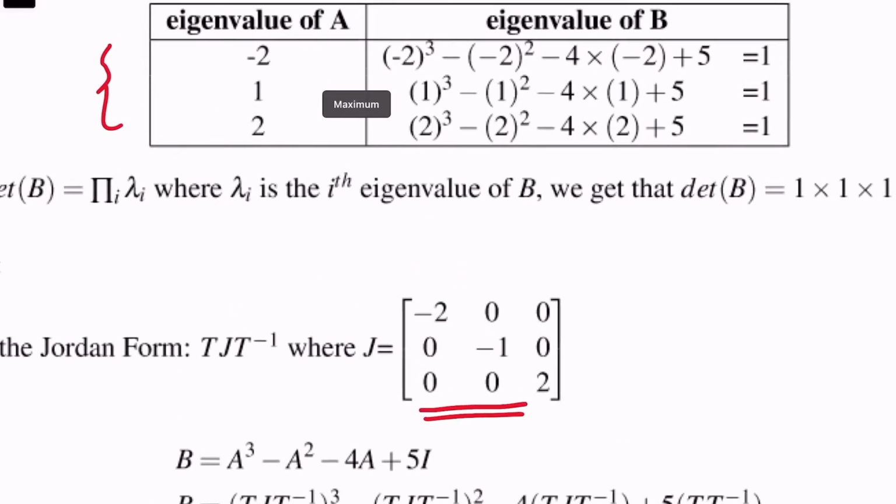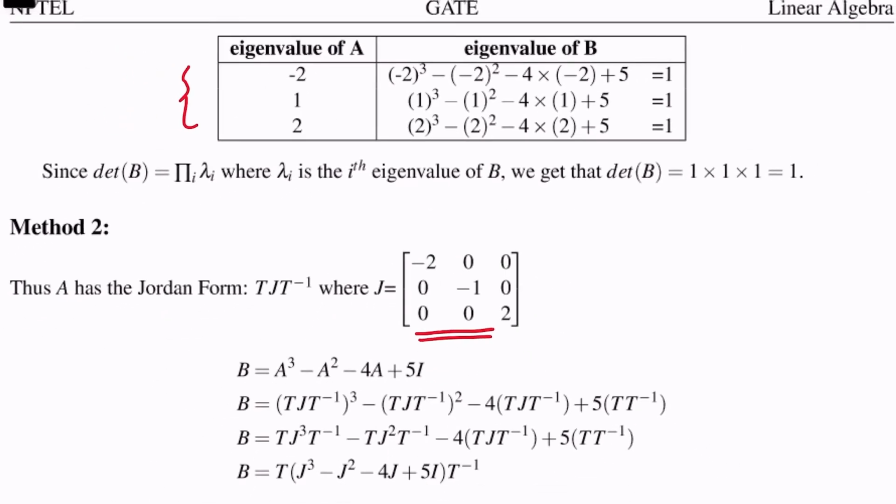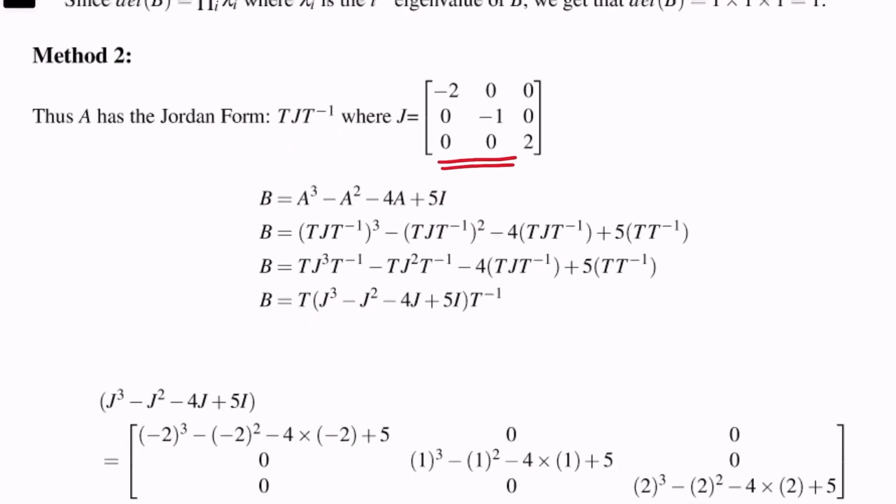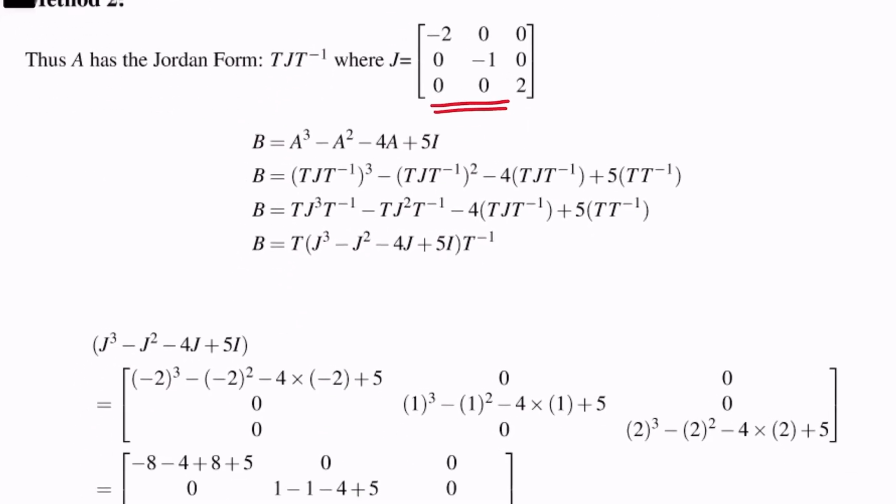So if these are the eigenvalues of A, then we can get that A has the following Jordan form, that is, A equals T J T inverse, where J is the following matrix.